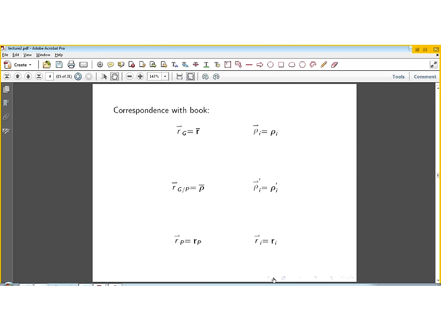Okay, let's just look at the notation and how this corresponds to the notation in the book. Of course, let's start at the right bottom. We've indicated that the position vector of the generic particle is just r sub i. In the book, it's indicated with the bold r sub i, because the book generally uses bold symbols for vectors, but as we've said before, we cannot write a bold symbol with handwriting, so we'll indicate it as a normal symbol with the arrow overhead in handwriting.